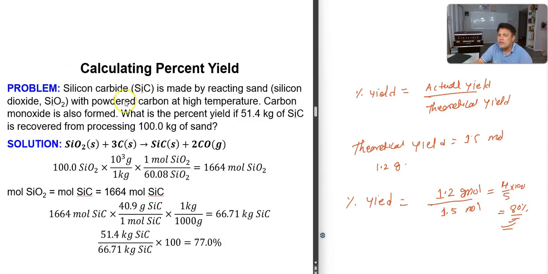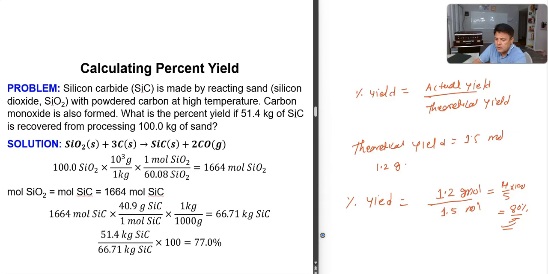So let's see another example. Silicon carbide is made by reacting sand, silicon dioxide, with powdered carbon at high temperature. Carbon monoxide is also formed. What is the percentage yield if 51 kg of silicon carbide is recovered from processing? Very simple.